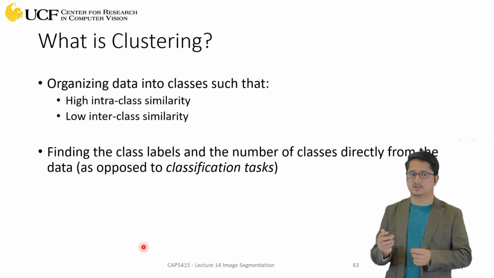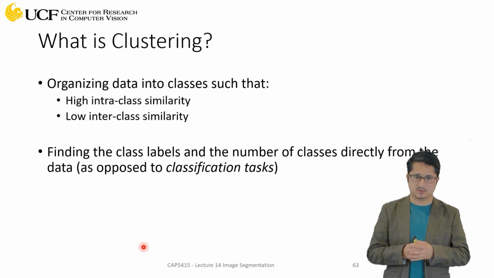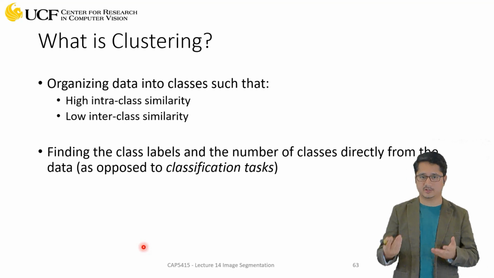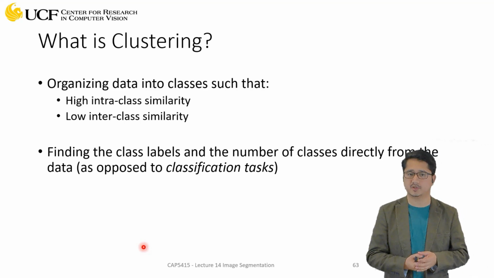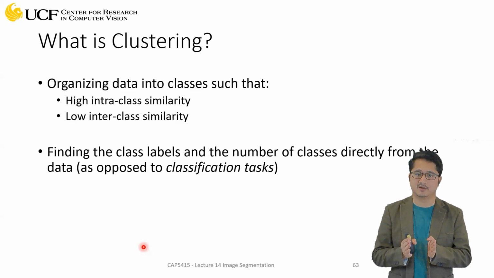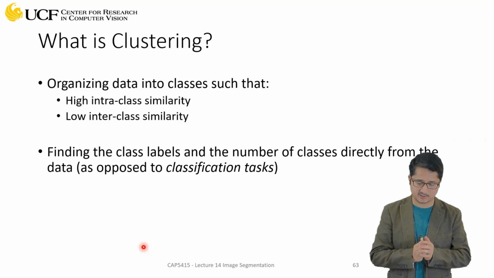Now, the goal is when you organize those data points into those clusters, you have two different objectives. And these two objectives could be your loss terms, which you try to minimize when you perform clustering. Okay, so the first objective is you want very high intra-class similarity. Now, what do we mean by intra-class similarity?